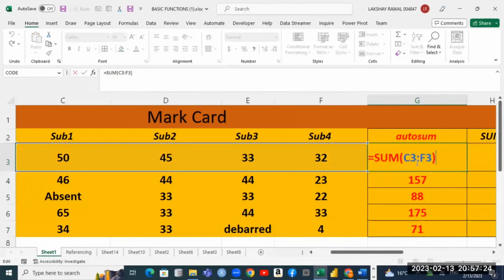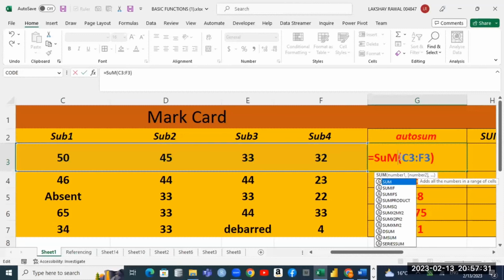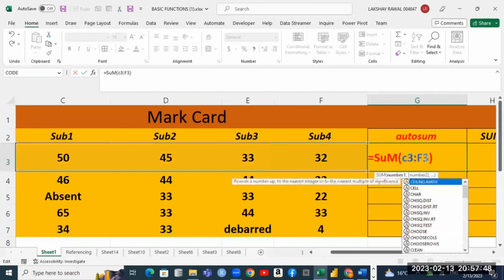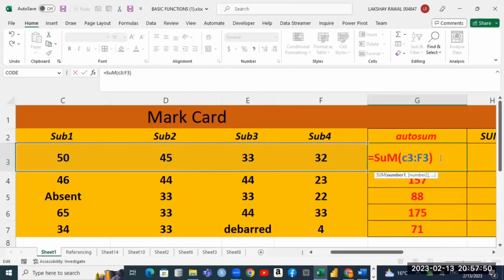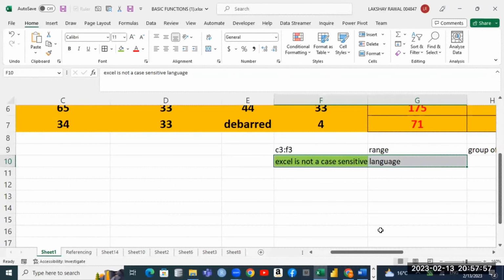The answer will remain the same, whether I write capital sum, small sum, or mix. Few languages are case sensitive. Case sensitive means uppercase and lowercase matter. But in this language, there is no such difference. Even if I write small c3 cell address and capital F3, it does not matter. That is why it is called not case sensitive.